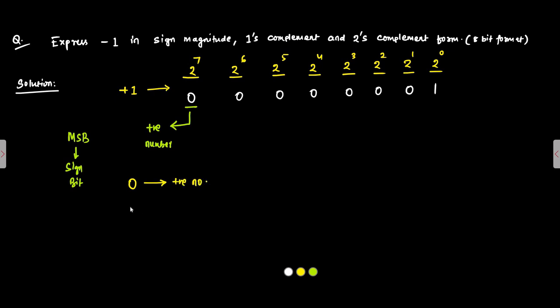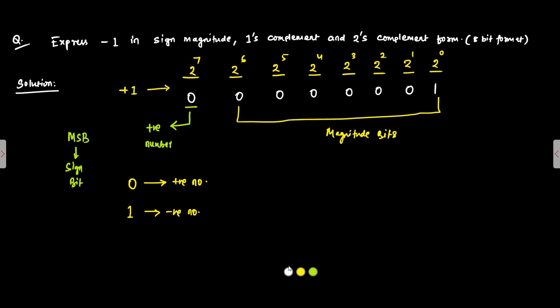If it is 1, then it is a negative number. This is called the sign bit, the MSB, and the remaining bits are called magnitude bits, which are used to represent the magnitude.